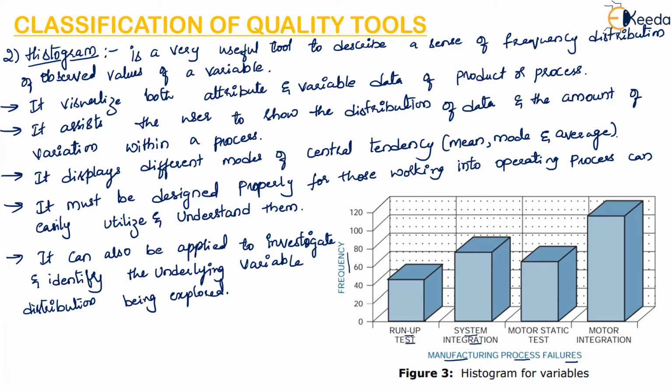Then there is motor static test whose failure is less compared to that of the system integration. Then the motor integration, the failure of this motor integration has the largest frequency when compared to the other processes. So this is how the histogram is plotted and understood.